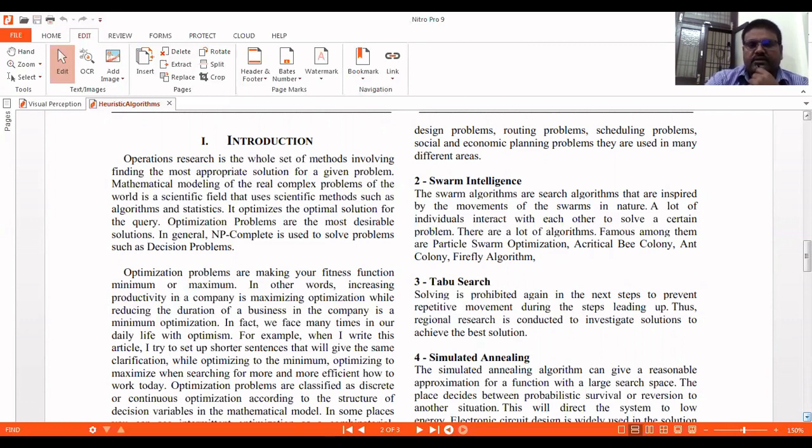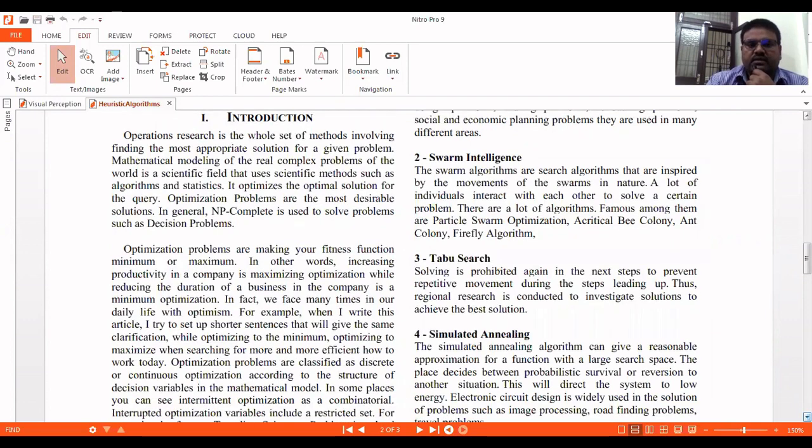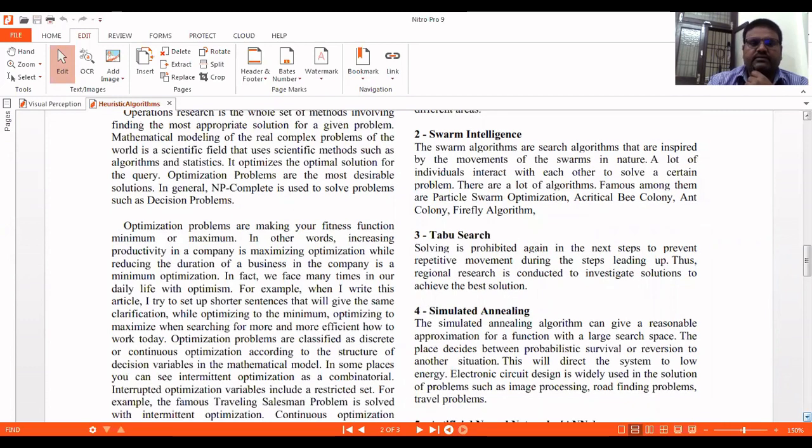Optimization problems are classified as discrete or continuous optimization according to the structure of the decision variable in the mathematical model. In some places, you can see discrete optimization and combinatorial optimization. Variables include a restricted set, for example, the famous traveling salesman problem, which is solved with discrete optimization.